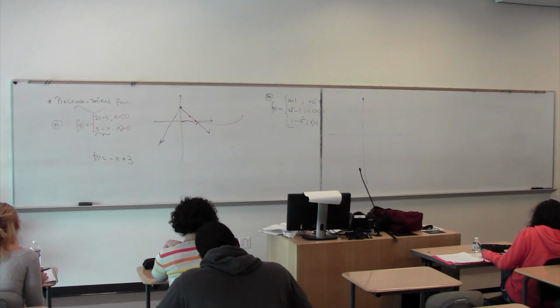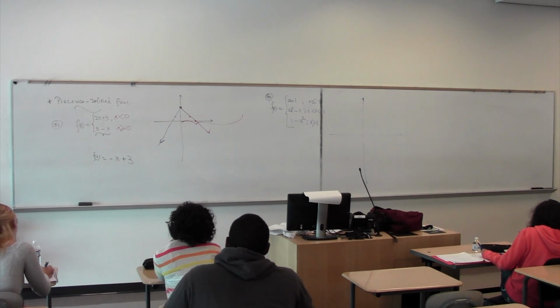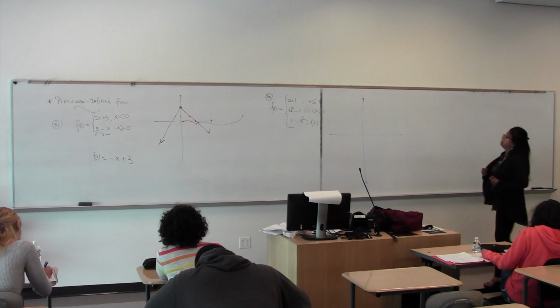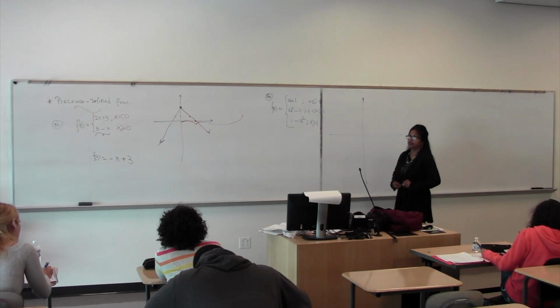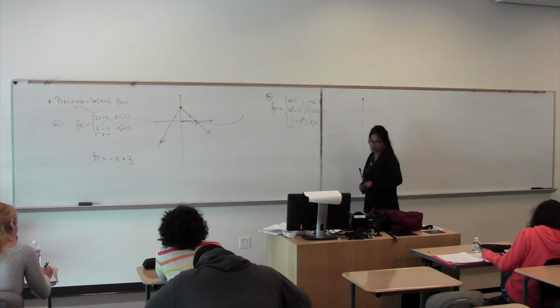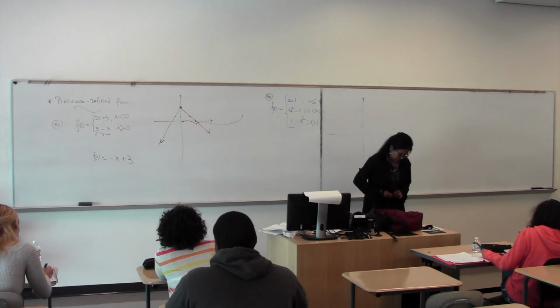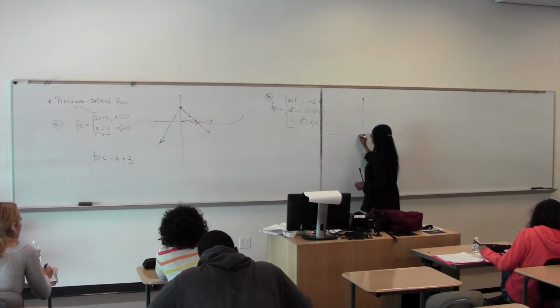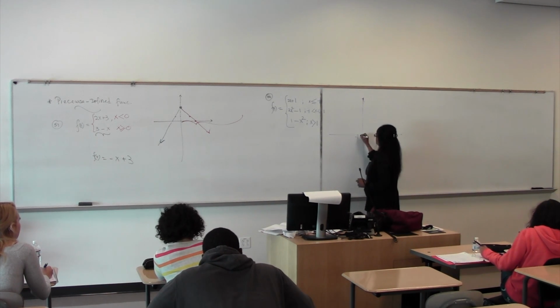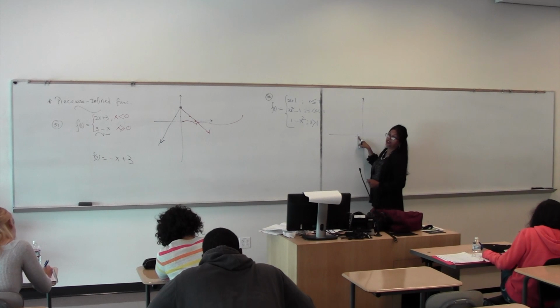Negative 1 to negative infinity. X is supposed to be less than or equal to negative 1. So the domain is x less than or equal to negative 1. Less than or equal means taking the equal sign, so x equal to negative 1 is in the domain.